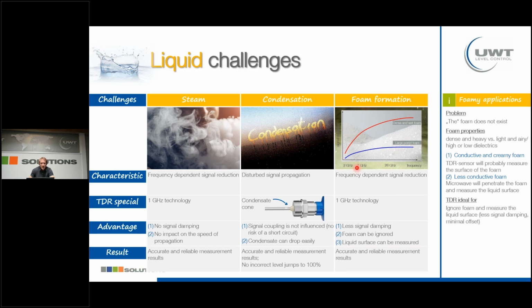The lower the frequency, the less the signal is damped. So for applications where the foam should be ignored, TDR sensors are the perfect solution. If you want to ignore the foam and only have the real surface of the medium, TDR sensors are the best solution for those types of applications.